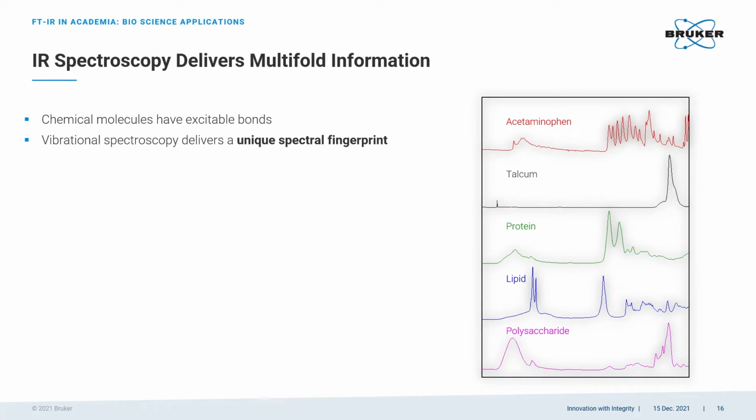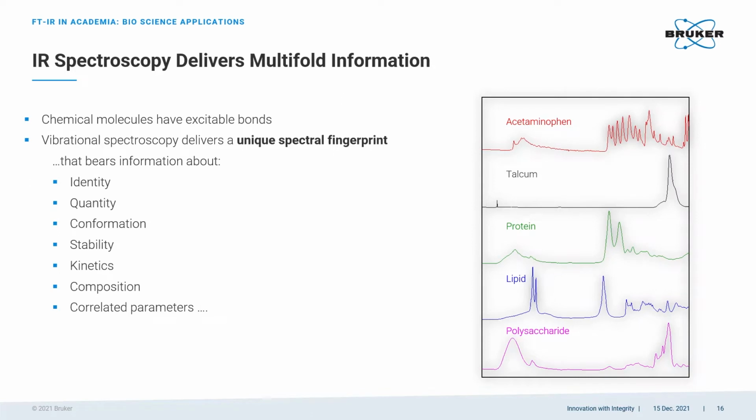So now we've seen a lot about protein analysis, but IR spectroscopy actually delivers much more information because all kinds of chemical molecules have excitable bonds, which means that the IR measurement delivers a unique spectral fingerprint of each chemical component.